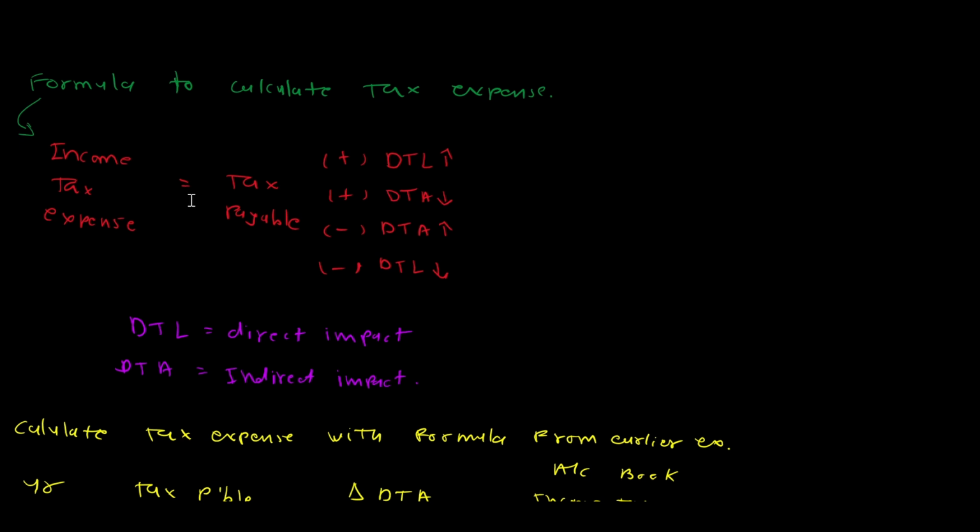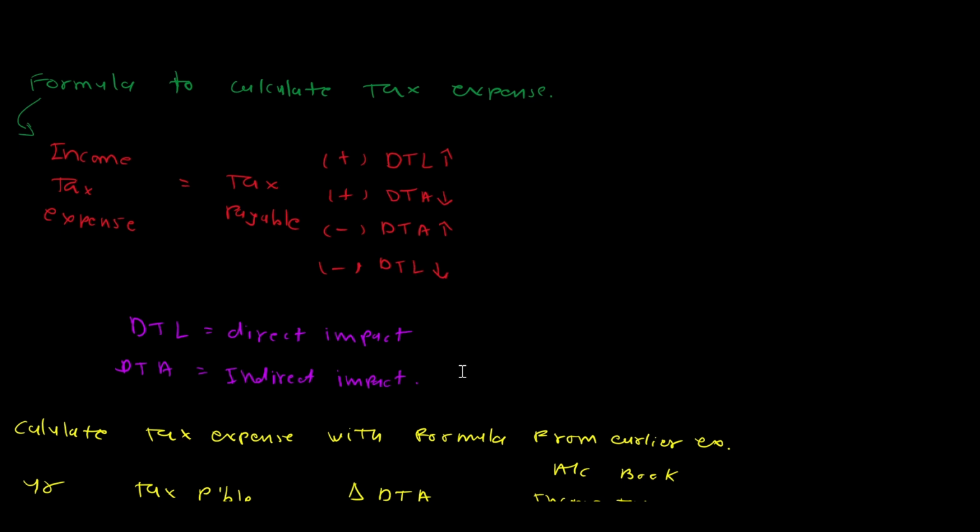So income tax expense is equal to tax payable as per the tax books, plus the increase in deferred tax liability; if deferred tax asset goes up, subtract; and if deferred tax liability goes down, subtract. So if liability goes up, add; liability goes down, subtract; asset goes down, add; asset goes up, subtract.